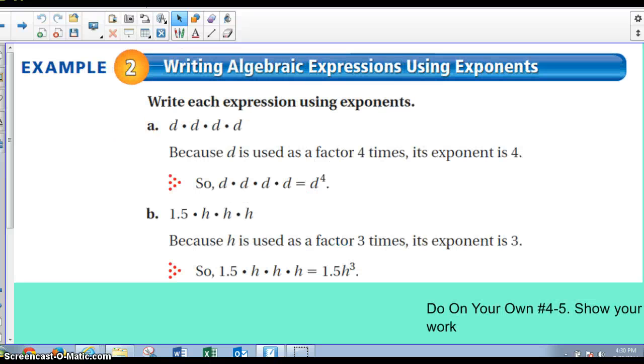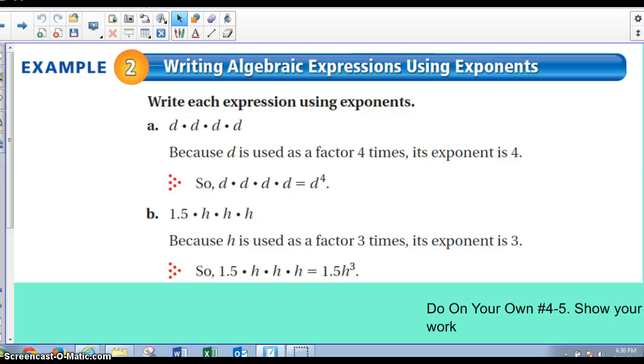In example 2, you are writing an expression using exponents. So you have d times d times d times d. Read it left to right. Because d is used as a factor 4 times, its exponent is 4.